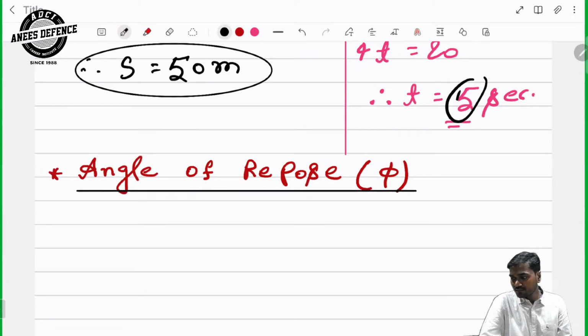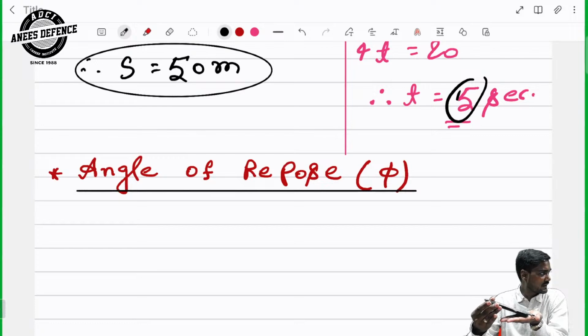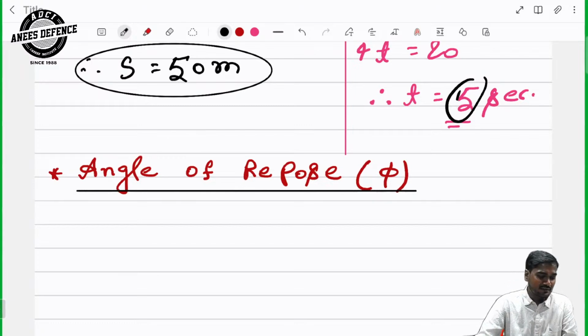Just consider this pencil is placed on this surface. Okay. And I am increasing the angle. Observe this pencil. After a particular angle, it starts to slide. Yes or no? Yes. So that angle is known as the angle of repose. Means the minimum angle of inclination.